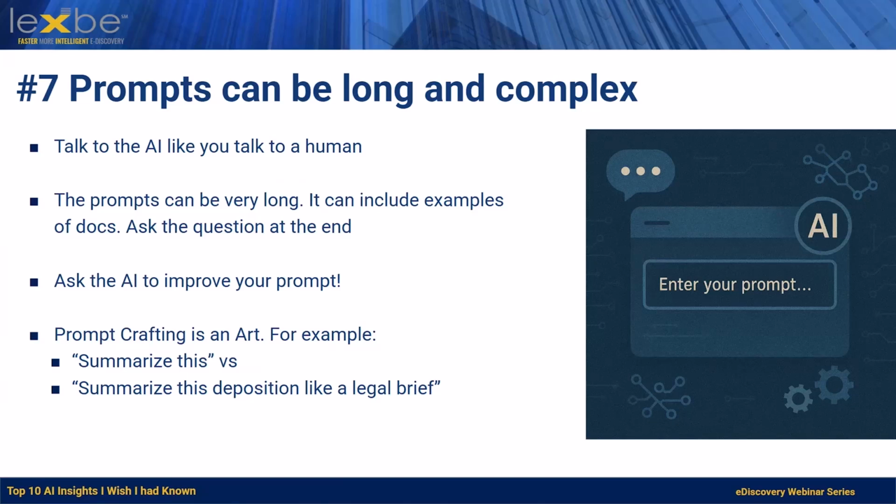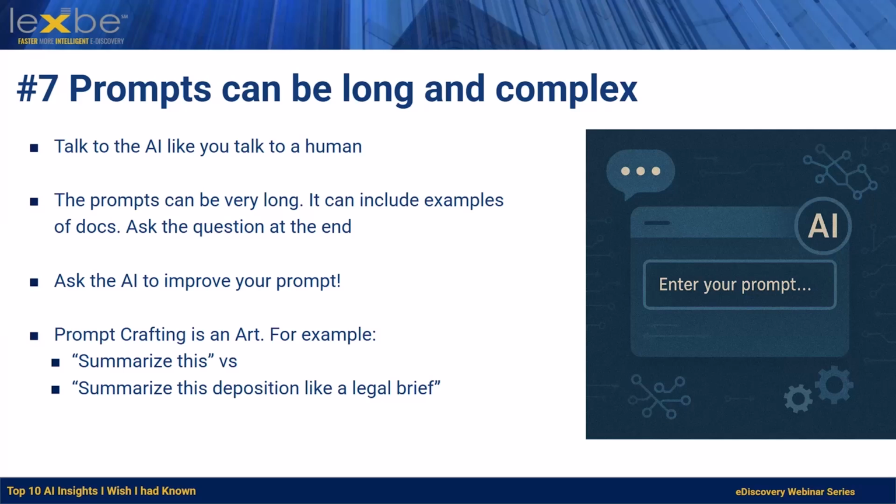Along the same lines, number 7 is that these prompts can be long and they can be complex. You can talk about summarize this versus summarize this deposition like a legal brief. We'll see that in a second on the next slide.